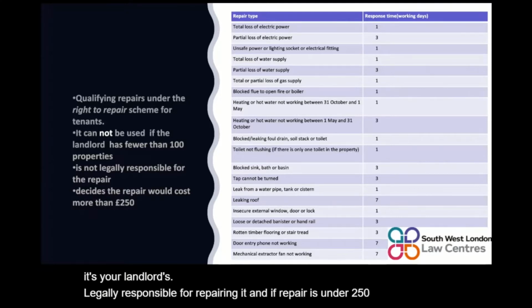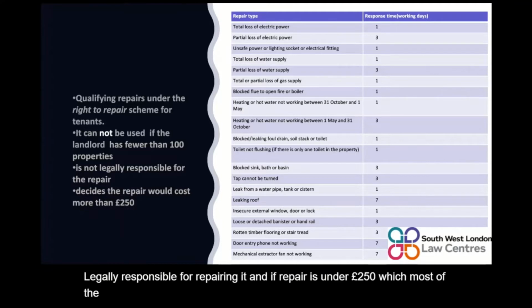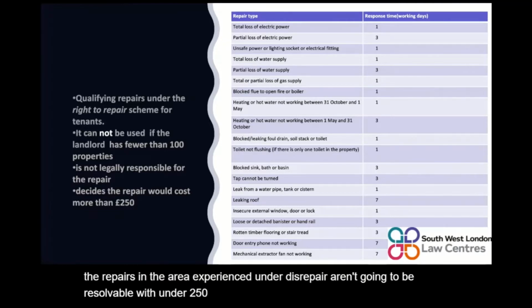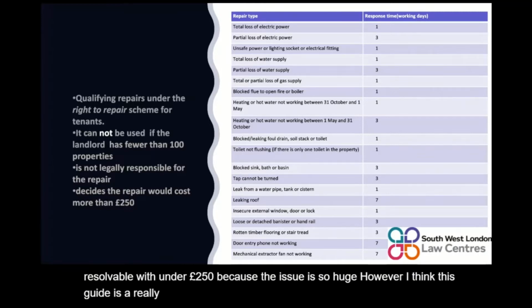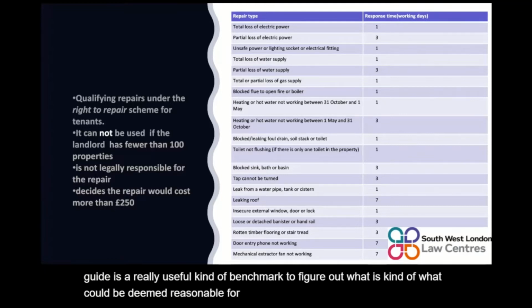Most of the repairs that are experienced under disrepair aren't going to be resolvable with under £250 because the issue is so huge. However, I think this guide is a really useful benchmark to figure out what could be deemed reasonable for the amount of time to expect a repair issue to be affecting you.